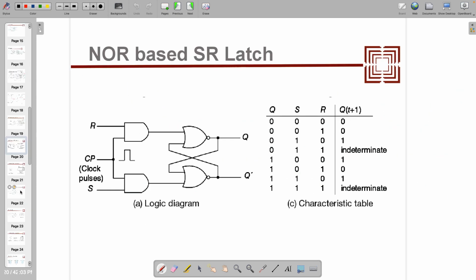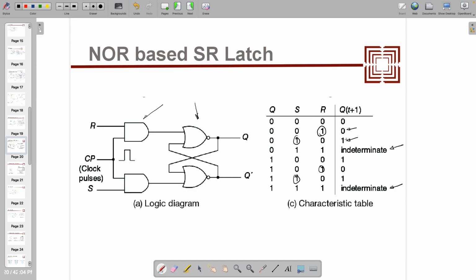So this will also give you the same answer. I am not going into that, but when it's reset, it has to be 0. If it is set, it has to be equal to 1. Same is here. The invalid state values and latch value might be changed here and there, depending on what kind of gates you are using.